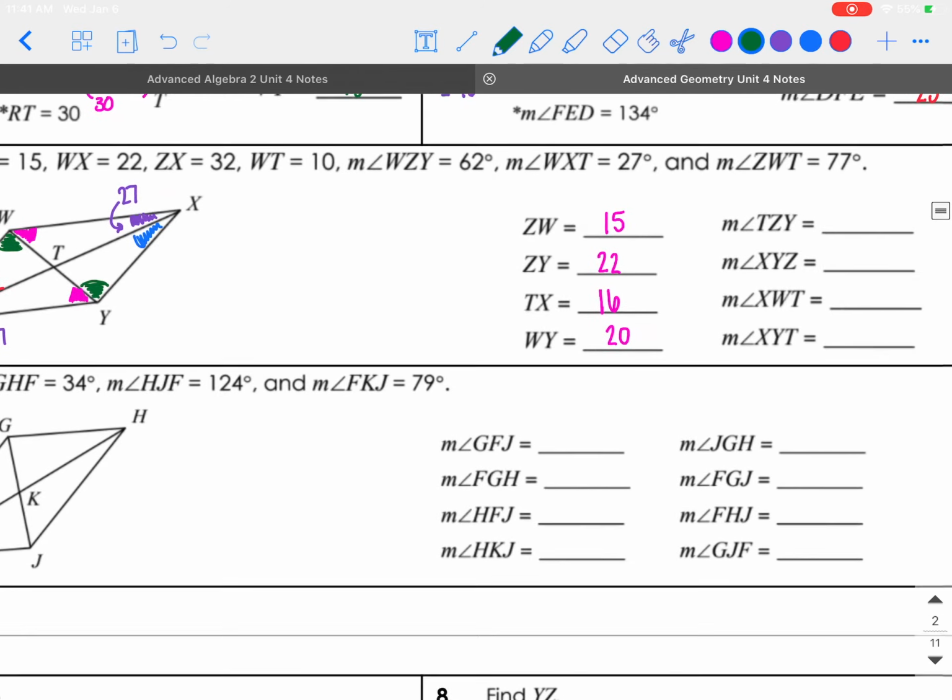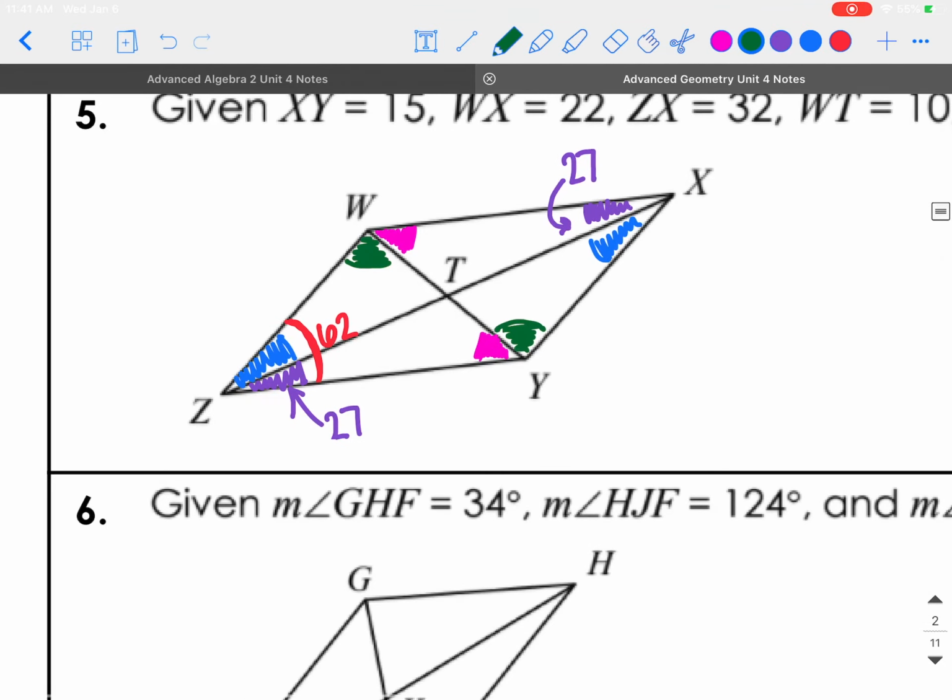ZWT is 77, which means that over here is 77. So now we're going to figure some things out.